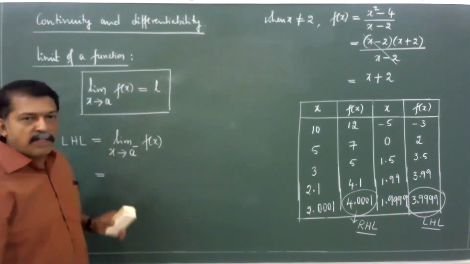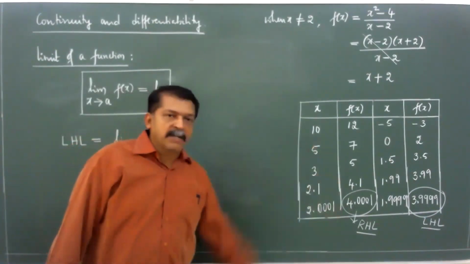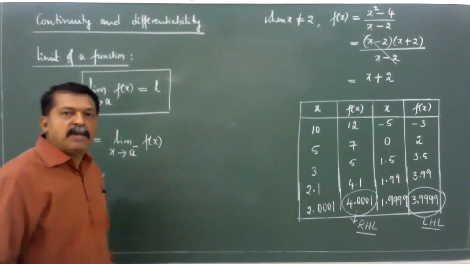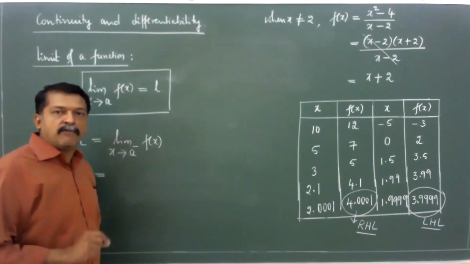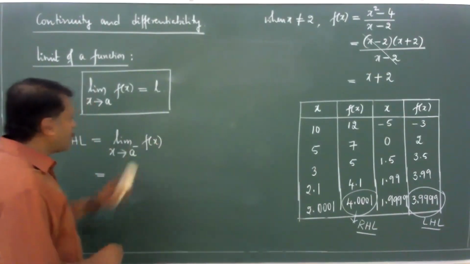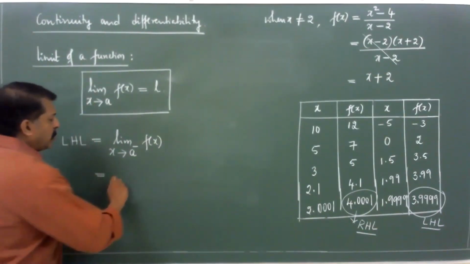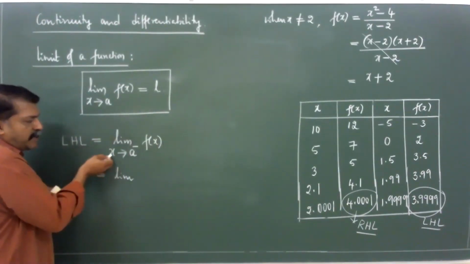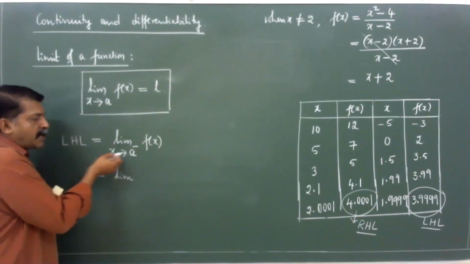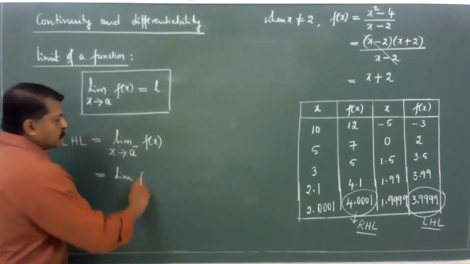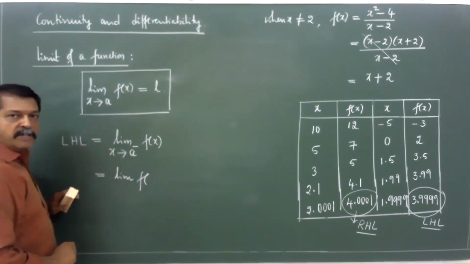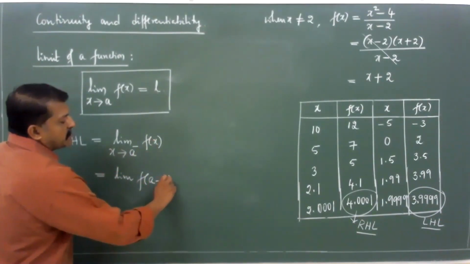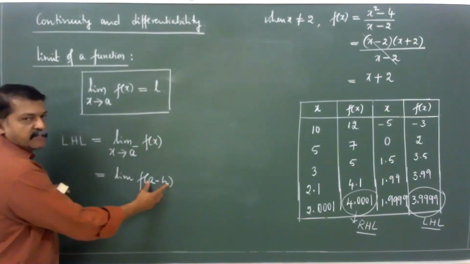Every time while doing a problem, we cannot construct the table and observe what happens to the function. There must be an algebraic way of calculating the left hand limit and right hand limit. How to calculate the limit? Basically, we are giving values of x which are lesser than a. So, to cover all those values, we have to replace x by a minus h.